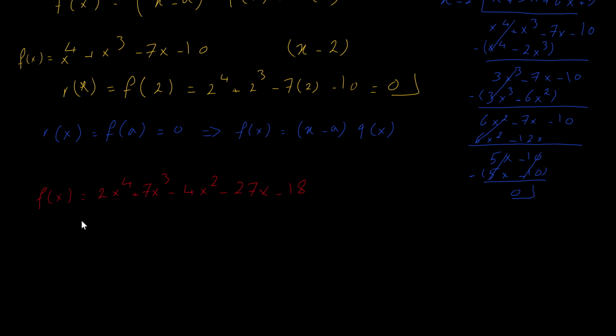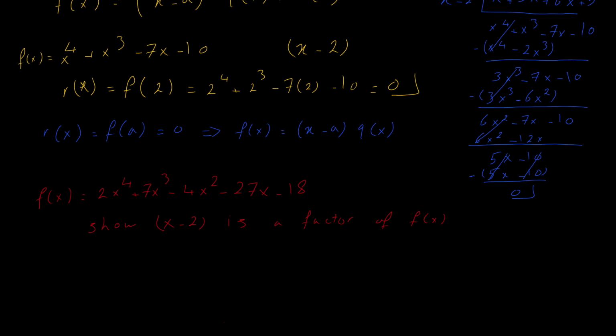And we are asked to show x minus 2 is a factor of f of x. So if we want to show that that's the factor, we can do the division. The long division, we can do it. And if the remainder is 0, we know that that's a factor of it.